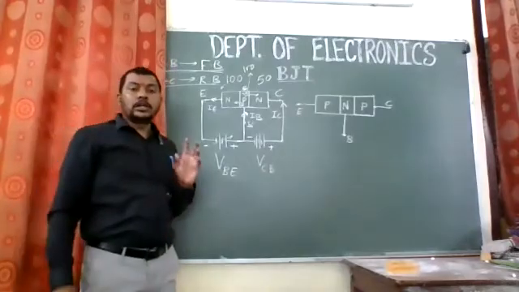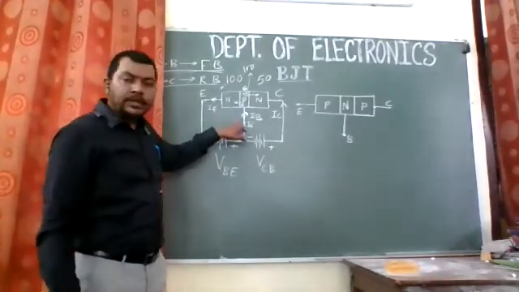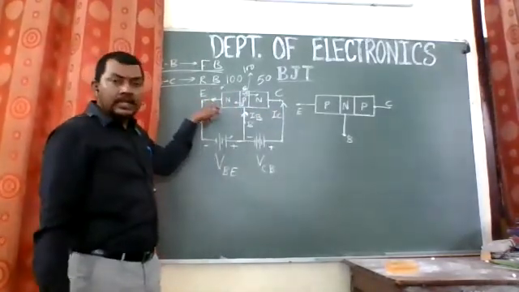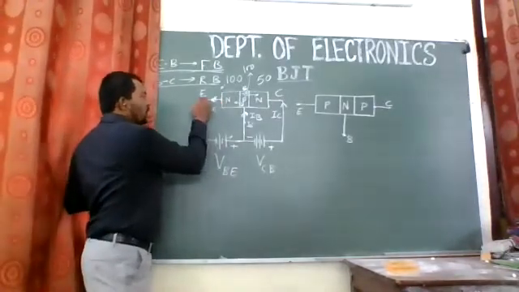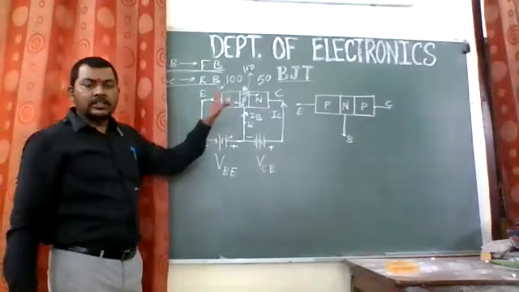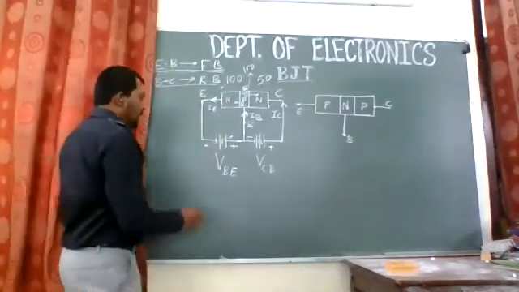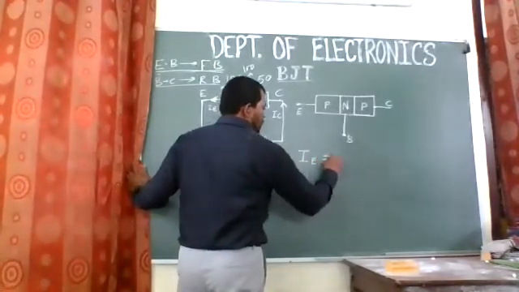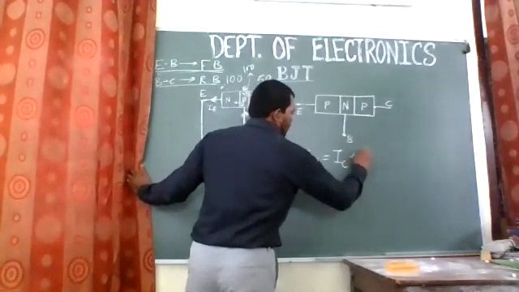As far as Kirchhoff's current law is concerned, IB is moving inside, IC is also moving inside, and only IE is coming out. So the current entering the junction should be equal to the current leaving the junction, and we can say that IE must be equal to IC plus IB.